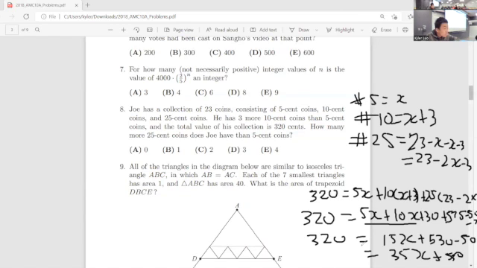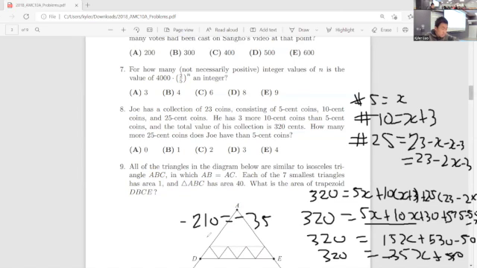So you have to move the 530 to one side, and I think it's negative 210 equals negative 35x.